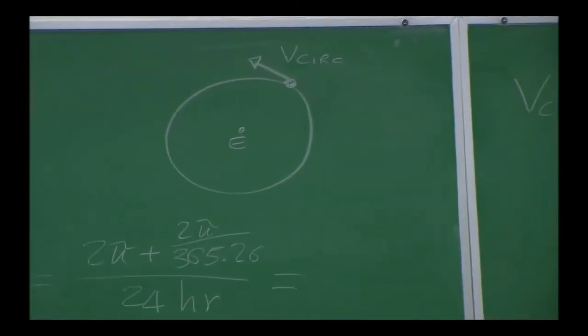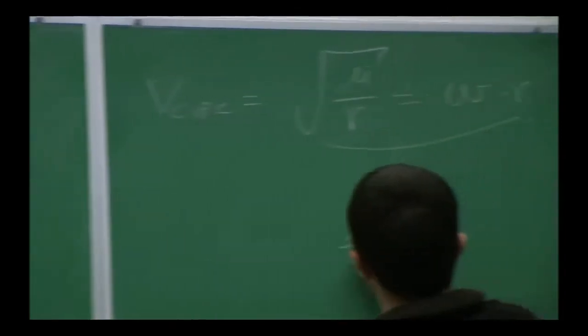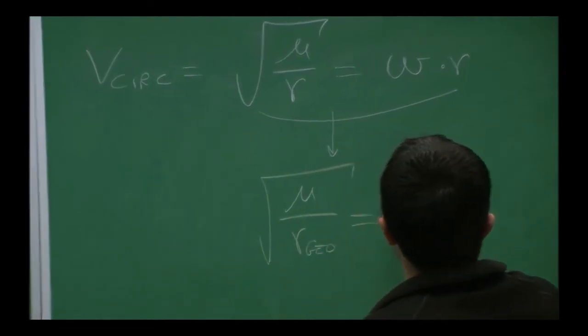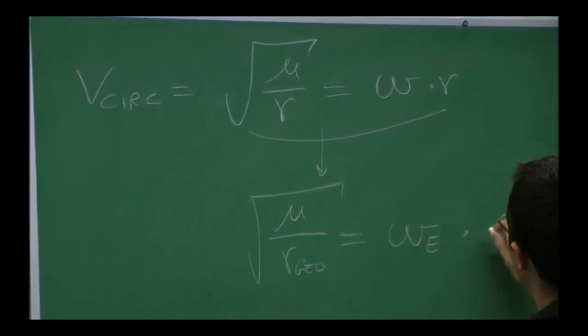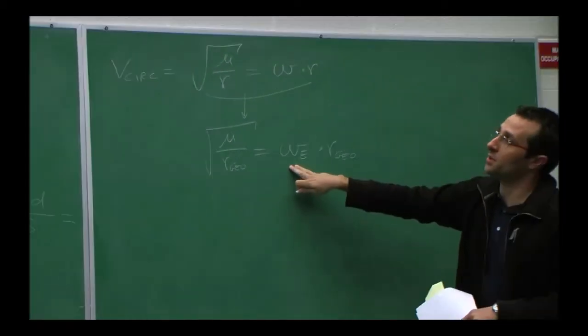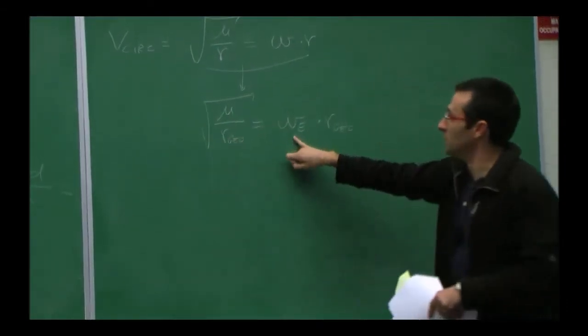Well then, from this, I can impose square root of mu over r geo. So I'm trying to find how high I need to be, which is equal to omega of the Earth times r geo. So I impose that my circular trajectory for the geostationary orbit has to have this angular velocity.